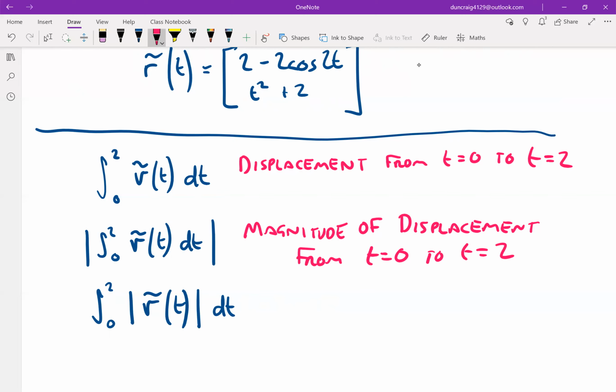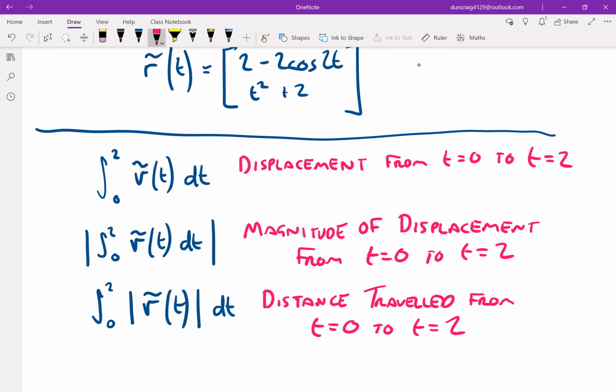Then for the third one, we're looking at the absolute value of the velocity, and then we integrate it between those limits. And this in fact tells you the distance from t equal to 0 to t equal to 2.